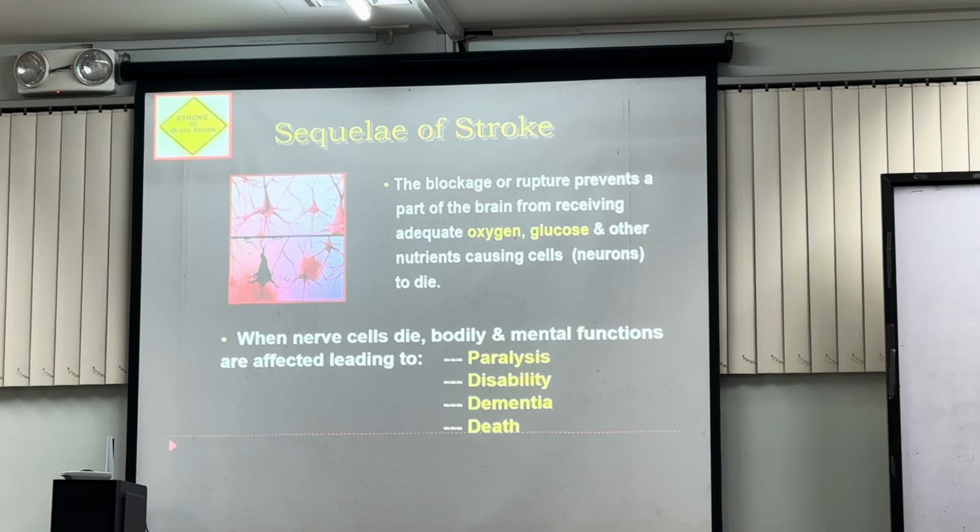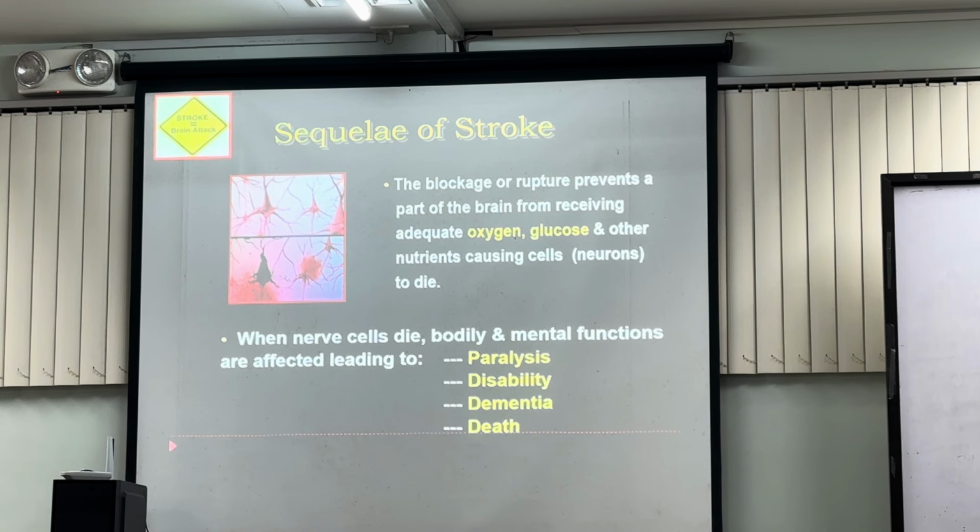And after, whether you have a rupture or an occlusion, there will be impairment of blood flow. With the impaired blood flow, you will have less oxygen, less food substrate for the neurons, so the neurons will undergo death, and that will be the sequelae of stroke.